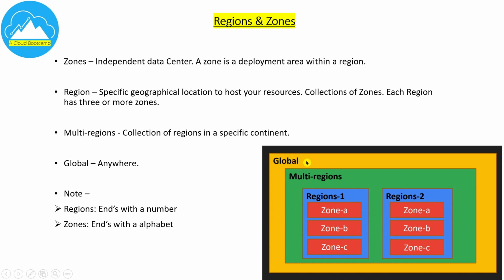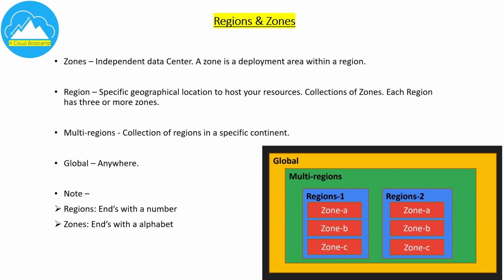Global, as I mentioned initially: in GCP, a few resources are global, which can be deployed anywhere, or their presence is all around the globe, like the VPC network. That's one of the global resources. As we go down the line, we'll have a bifurcation of the resources which are global and which are regional or zonal.